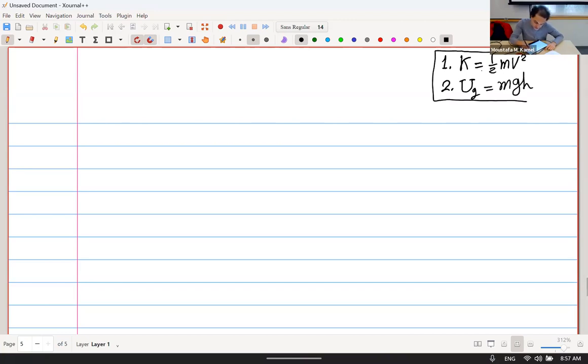So I will again write down the equations that we have so far. We have kinetic energy being half mv squared. And we have now potential energy from gravity equal to mgh. So those are the energies that we got so far.